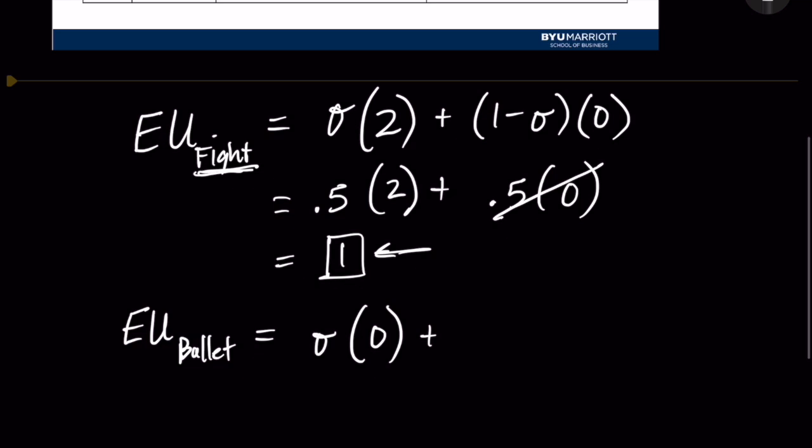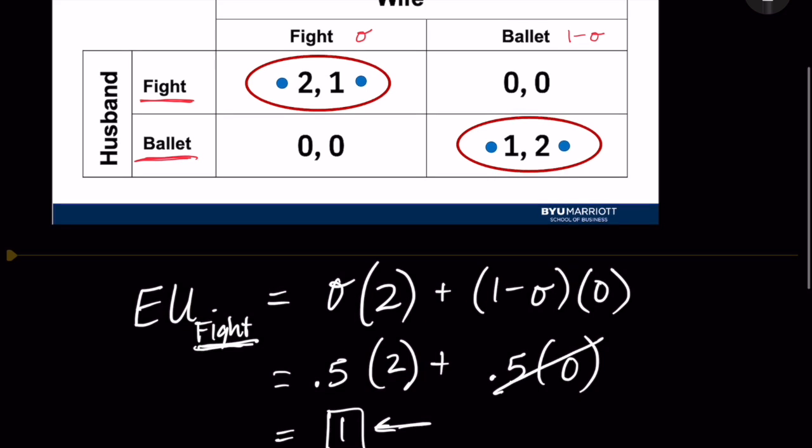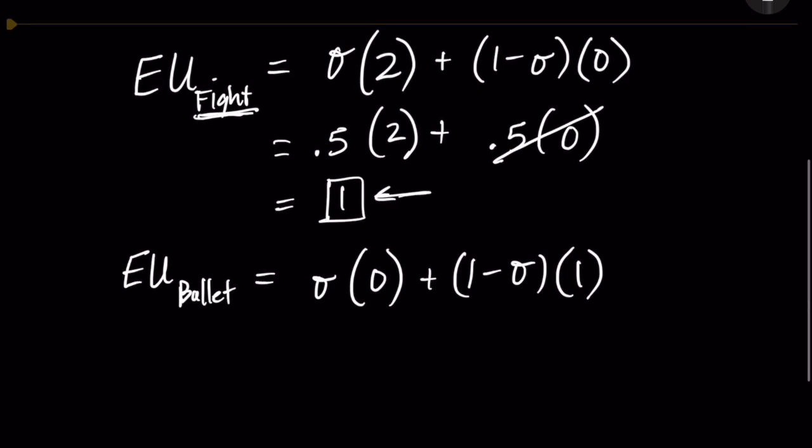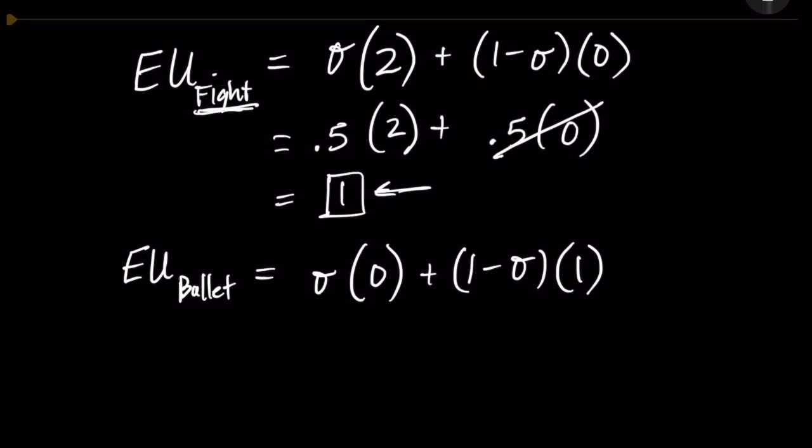Plus the probability that the wife chooses ballet times the payout that I would get if I choose ballet and the wife chooses ballet, and that would be 1 in this case. Let's use our 50-50 example again. We'd have 0.5 times 0 plus 0.5 times 1.